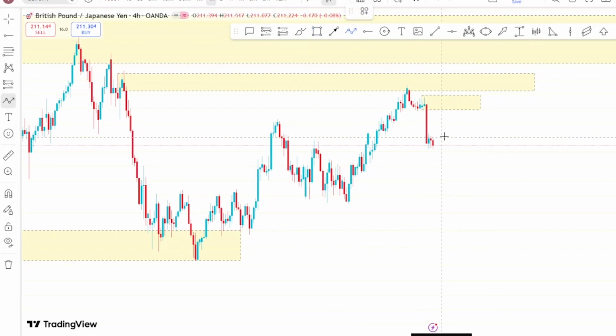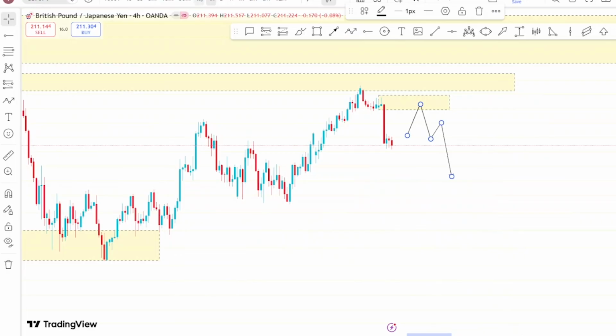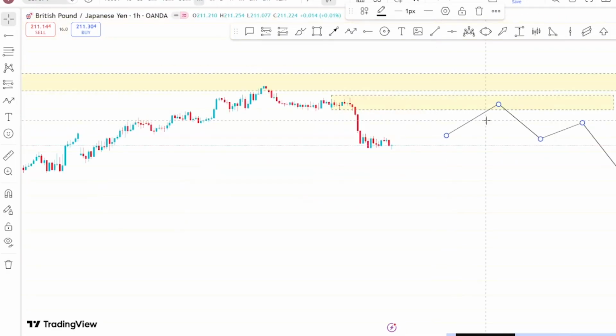As we can make a pullback to this area, we can still be expecting the market to go back to the downside, but you need to target this area. What if we can go back to the upside? That's why make sure that you target this area until we start breaking below this area. That's where we can expect the market to even continue in the downside. Okay, so from where we are now, let me check from the 1-hour time frame.